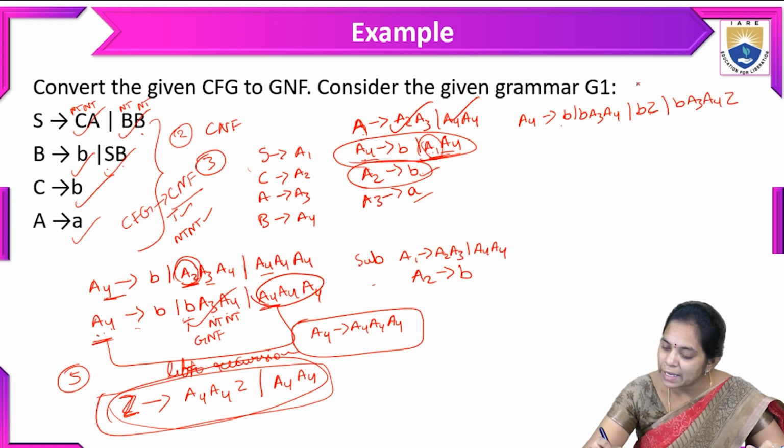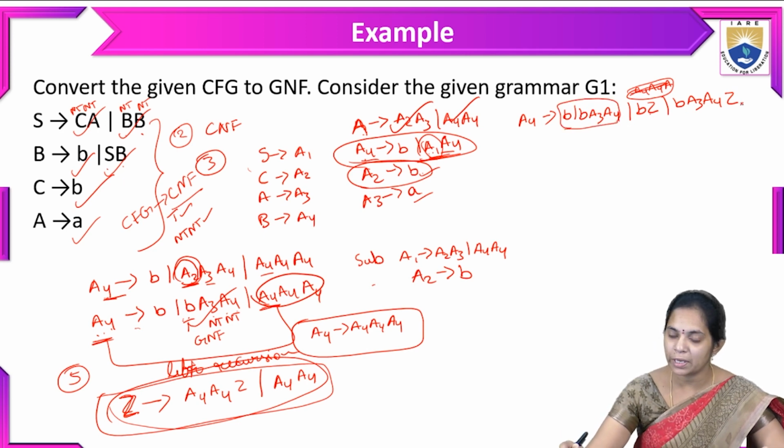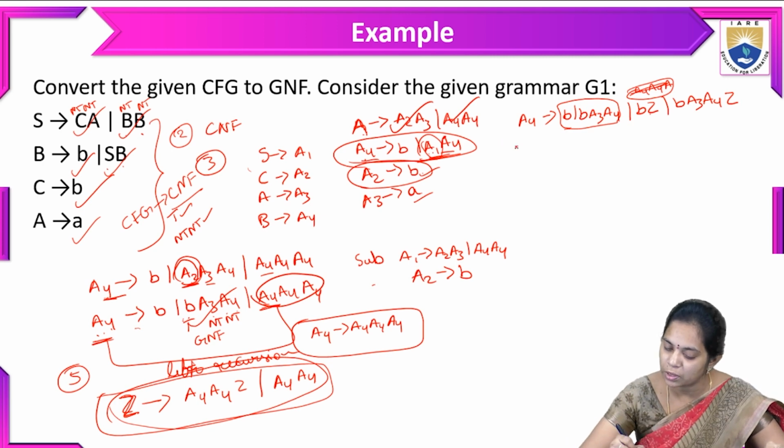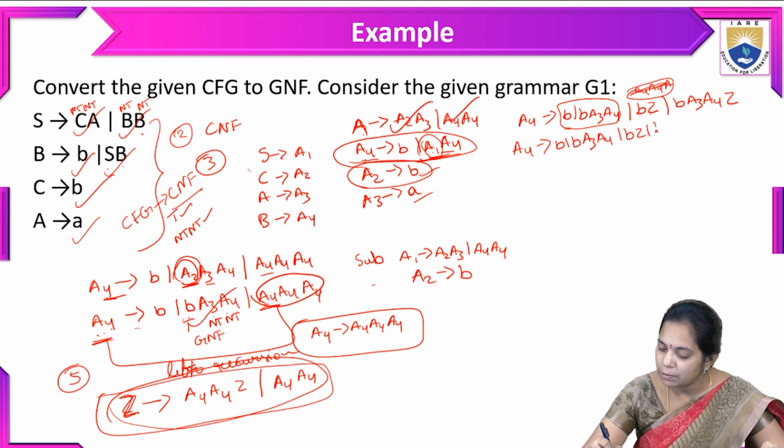Instead of this A4, A4, A4, we will write this new non-terminal symbol, and again we will substitute with the remaining production rule, the combination of this production rule. So here we have the entire B, A3, A4, and BZ, B, A3, A4, Z. So this is the conversion.